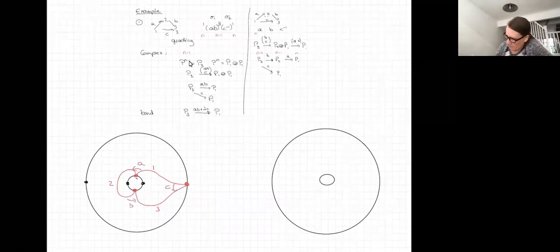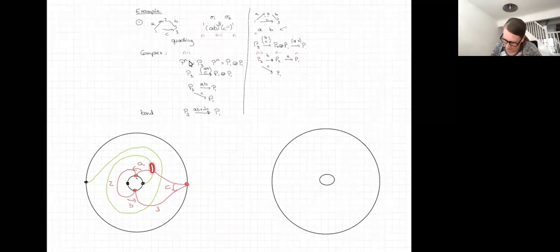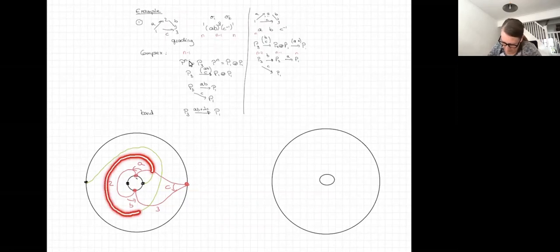Okay, and now the homotopy string. First we do A and B. So we start here. We do A, B, then we do C inverse, and we connect to the next possible black marked point. Okay, so where are our homotopy letters? The homotopy letter AB, which is sigma 1, goes from this intersection of the green curve with the red curve to this intersection here.